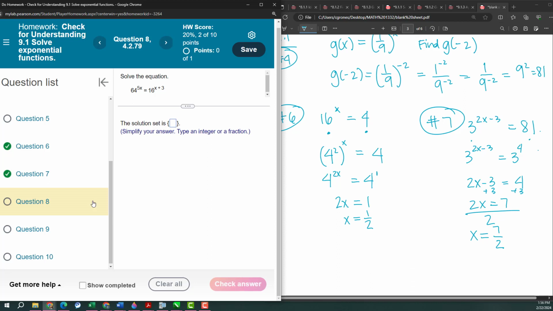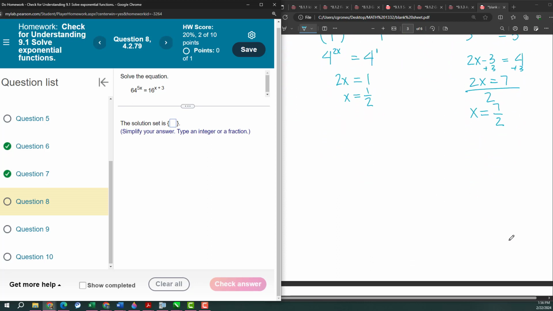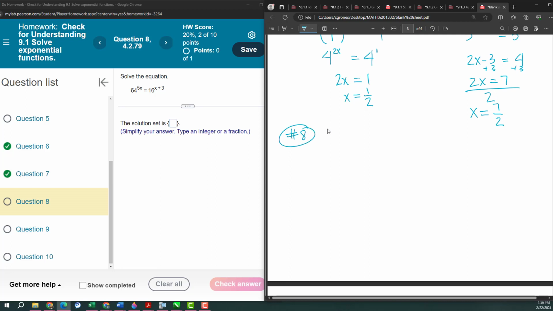All right, and then let's look at number 8 as well, because you will have another question that will be like number 8. So this one is also super similar. 64 to the power of 5x equals 16 to the power of x plus 3.